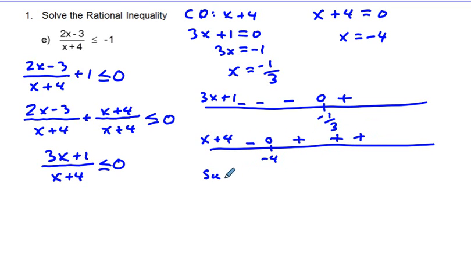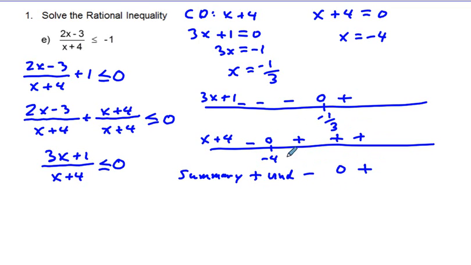And now for a summary, let me just give a little more room here on this. We have negative divided by negative, which is positive. We have negative divided by 0, which is undefined. We have negative divided by positive, which is negative. We have at negative 1/3, 0 divided by positive, which is 0. And finally, to the right of negative 1/3, we have positive divided by positive, which is positive.